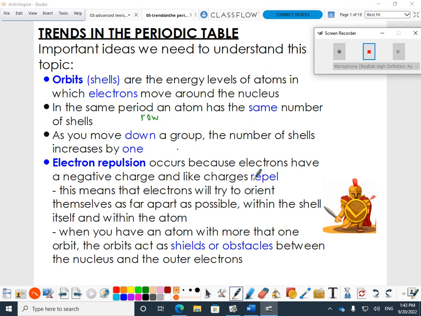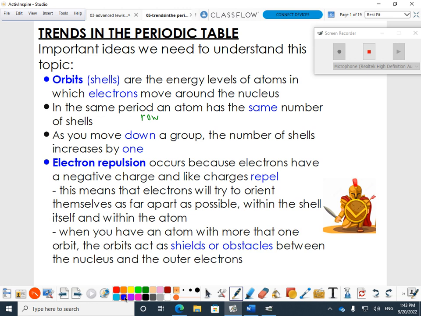Okay, so yesterday we talked about the ideas of how many shells or orbits are in a diagram, and what kind of obstacles are being created by these shells.